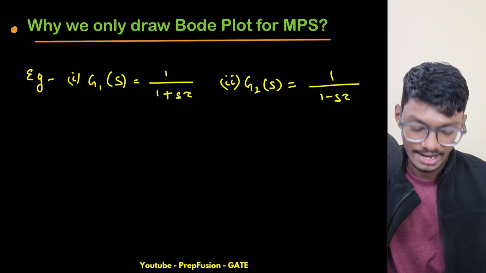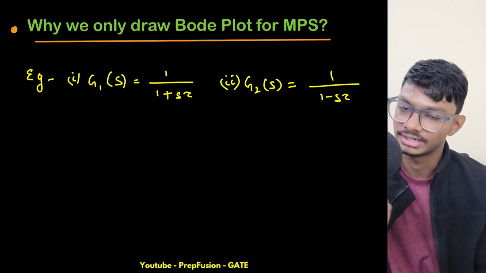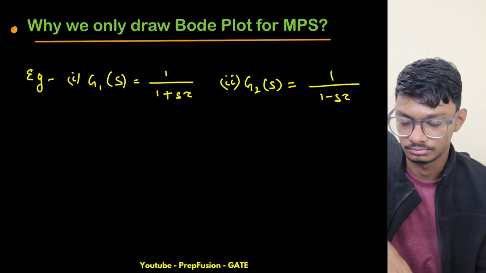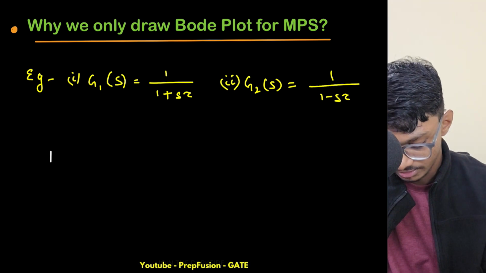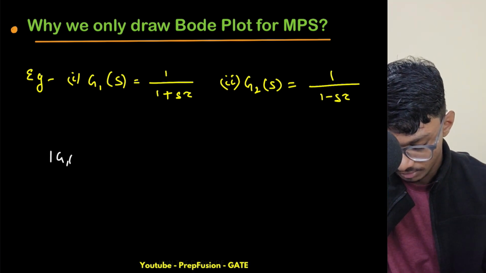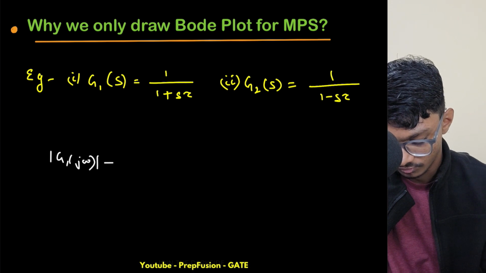They have the same magnitude, but the phase angle will be different, and obviously one is a minimum phase system and the other one isn't. So let's find the difference. So magnitude will be same.